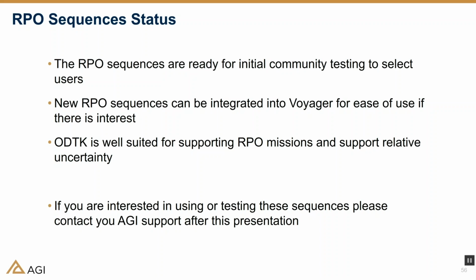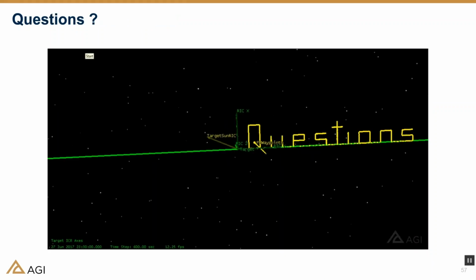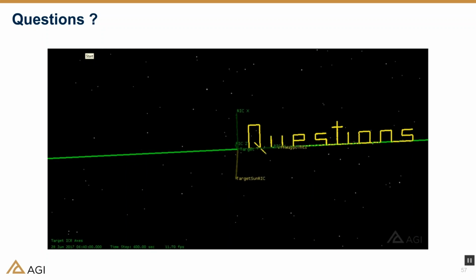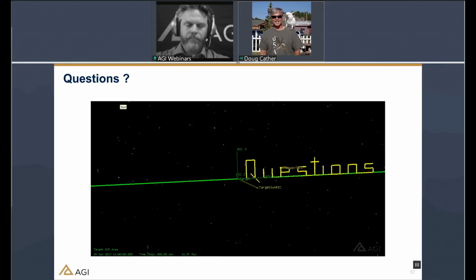There'd be a separate 3-hour training that we could effect if users are interested. We're happy to do that, and please contact AGI support if you are. So at this point, I'll turn it back to Josh, and we can open this up for questions.